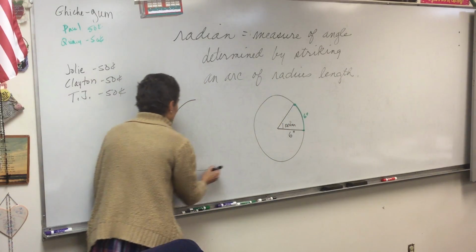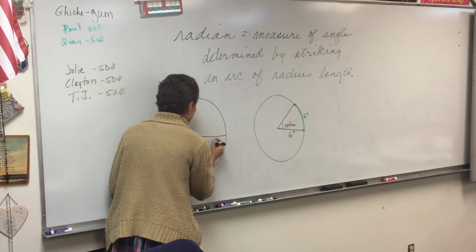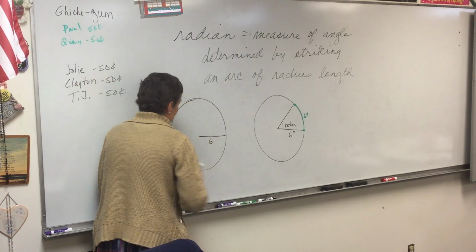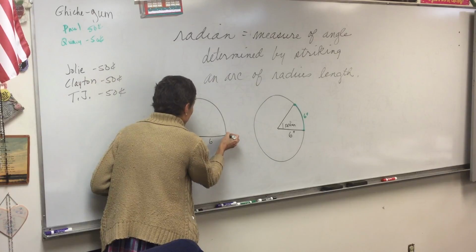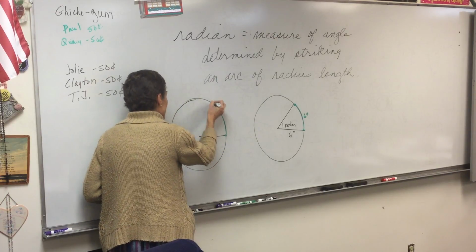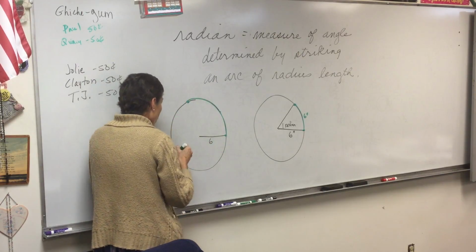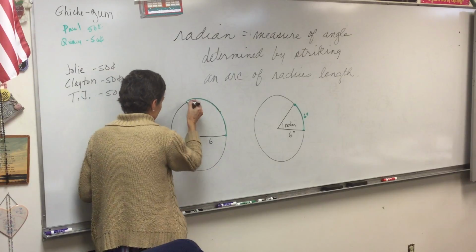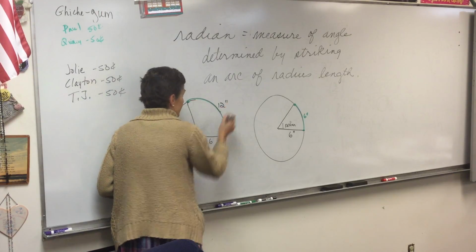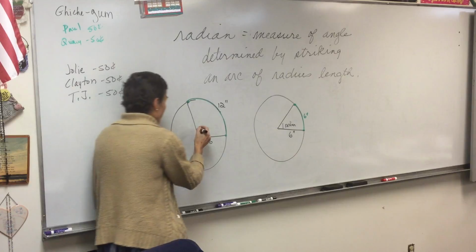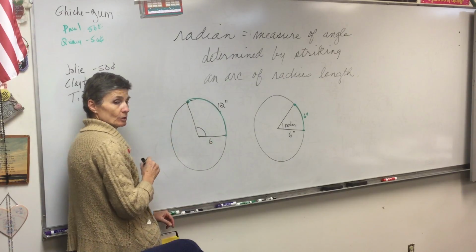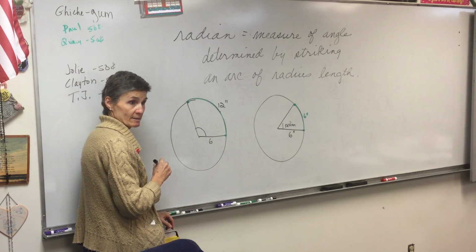So if I took that very same circle, but I struck an arc that was 12 inches long, how big would that angle be? 2 radians, wouldn't it?